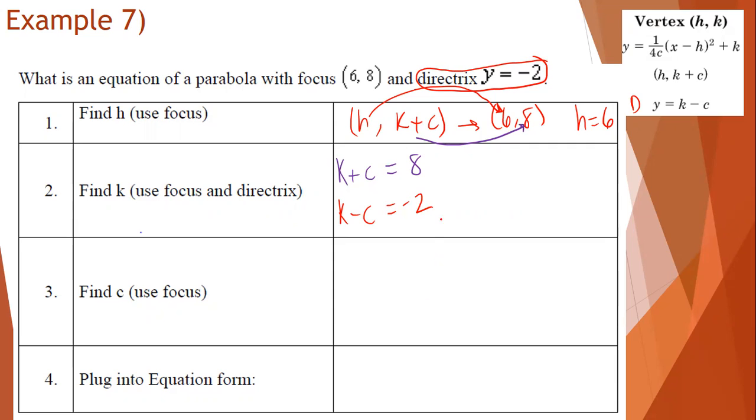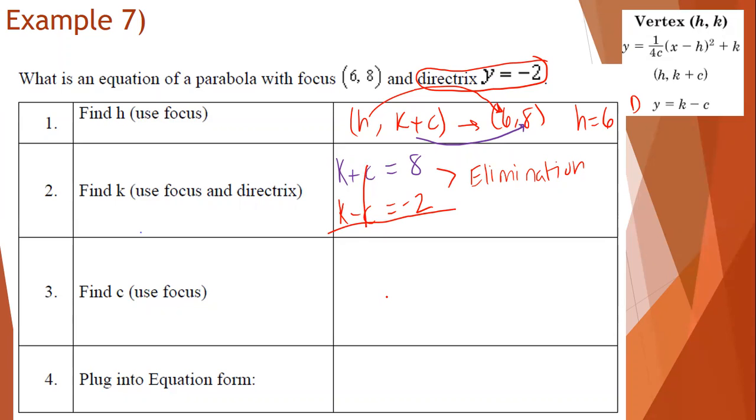How did we learn to solve something like this? Elimination, someone said it, good job. Okay, so elimination means that I can combine these through addition as long as one variable eliminates.